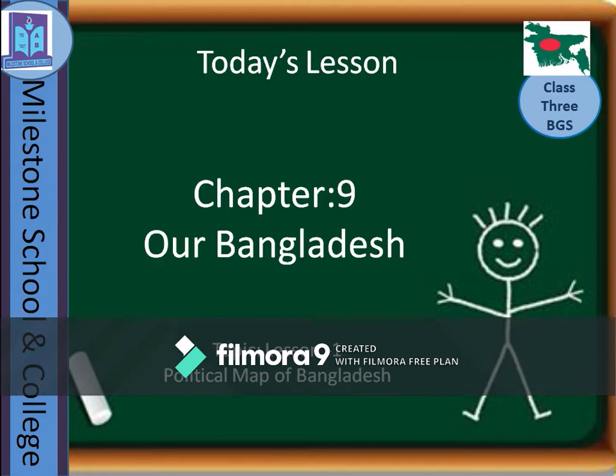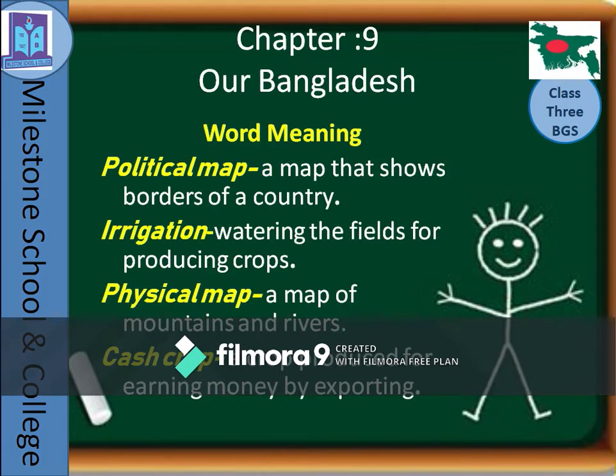If you understand these difficult word meanings, the lesson will be easier for you. We just have 4 difficult words in this lesson: political map, irrigation, physical map, and cash crop. These words are not familiar to you. Right now, I'm going to tell you the meaning of these words.